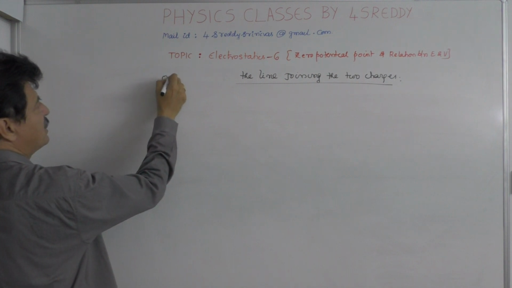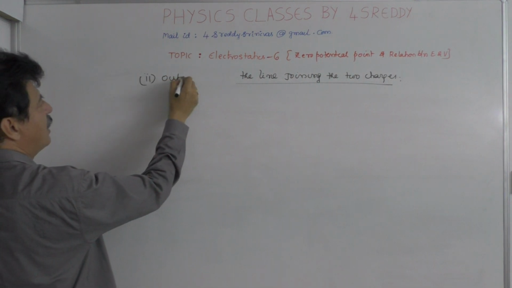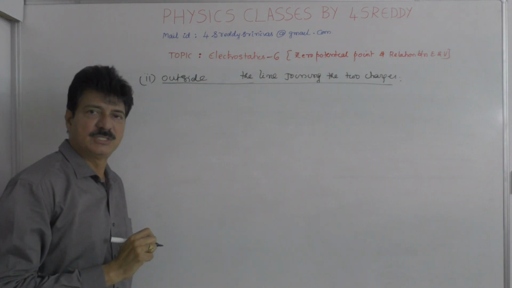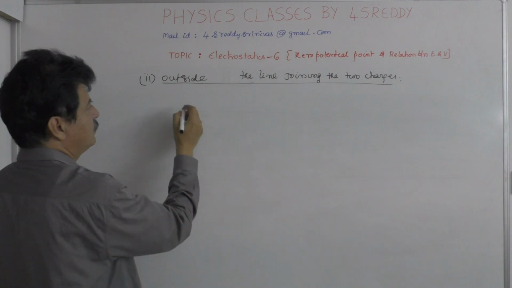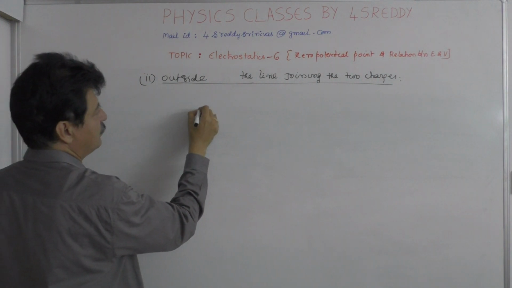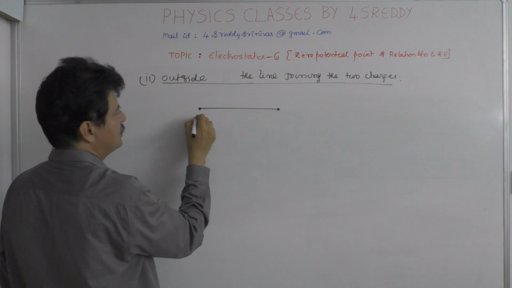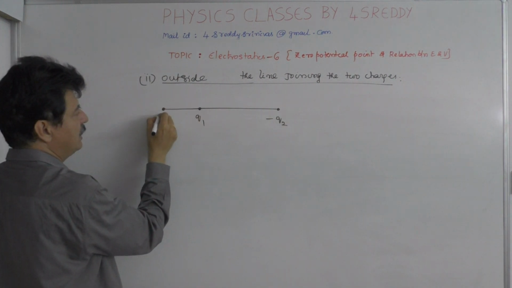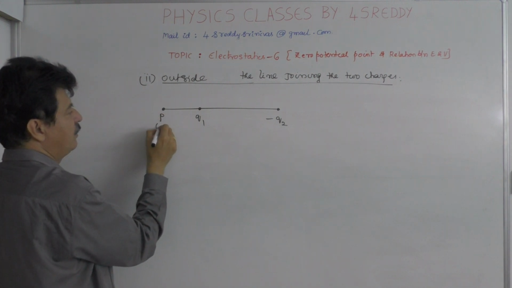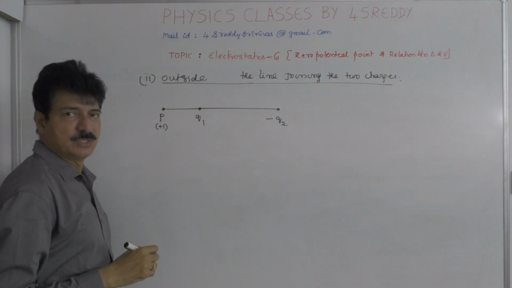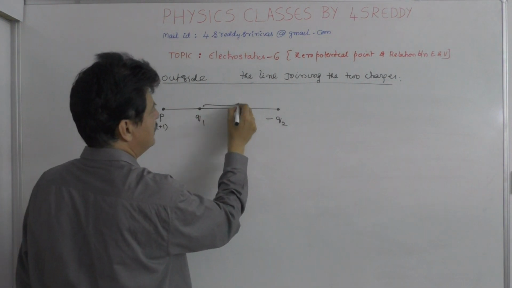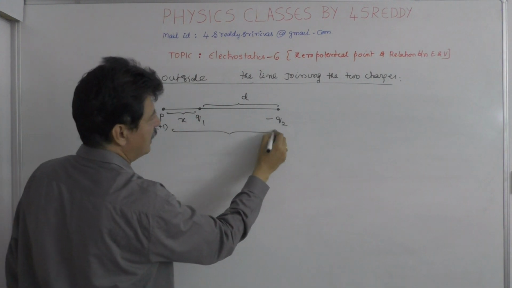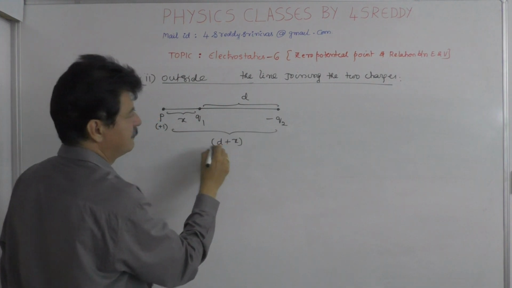And the second one is outside the line joining the two charges. Suppose this is Q1 and this is minus Q2. Now the zero potential point is obtained at a point P where you can assume a unit positive charge. So if this is d and this is x, this becomes d plus x.